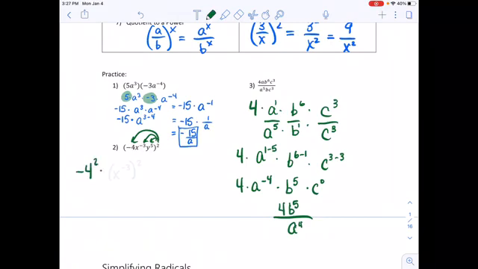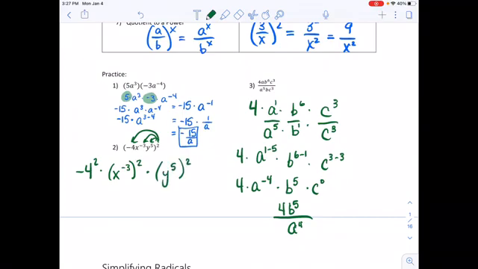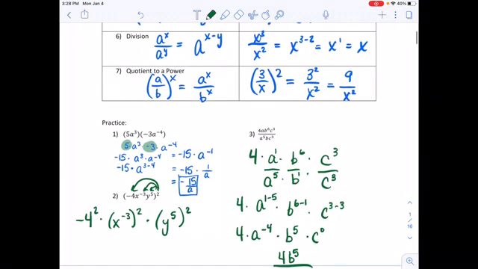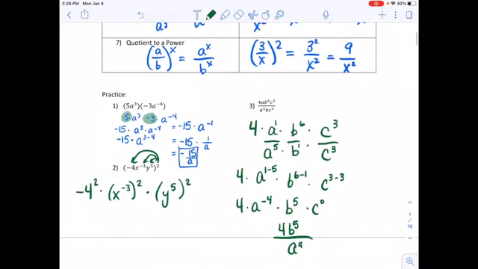Negative 4 squared times x minus 3 squared, and the x to the minus 3 is in parentheses, times parenthesis y to the 5th squared means that we also have to use our power to a power idea for the second two pieces.